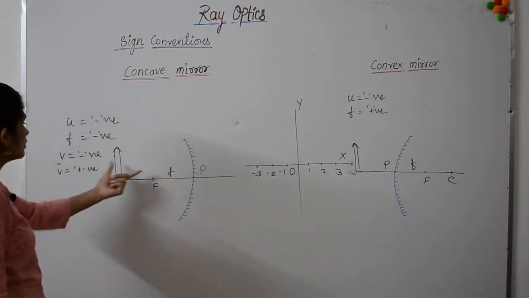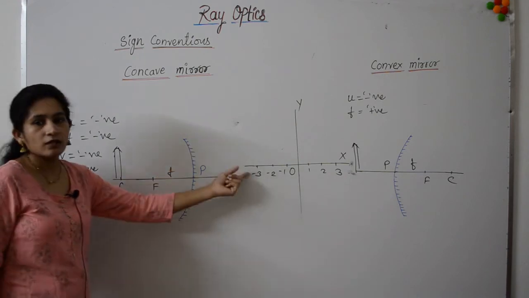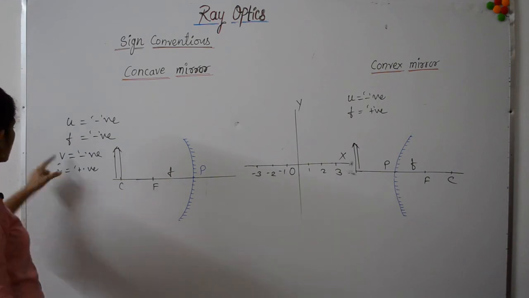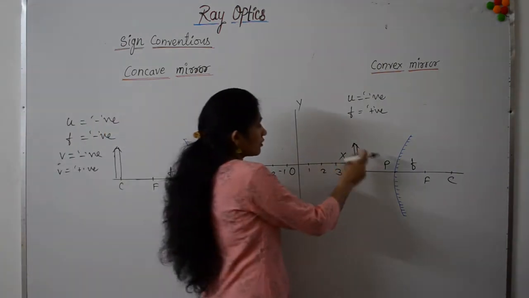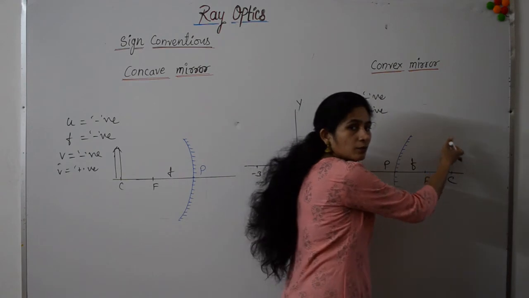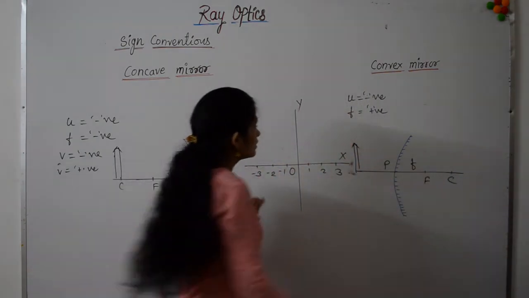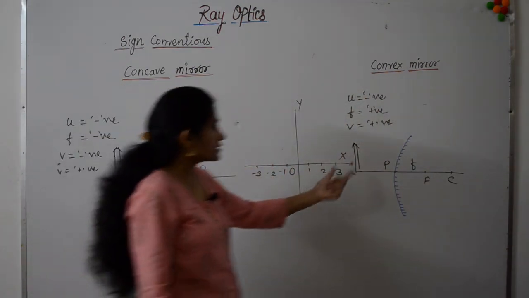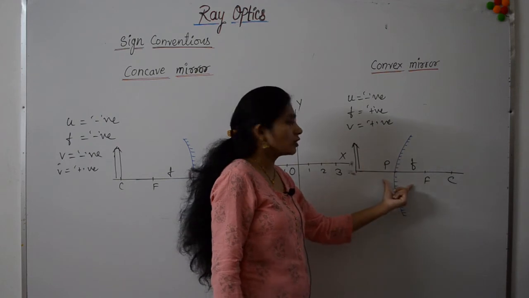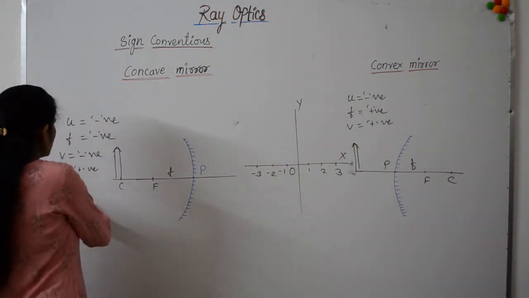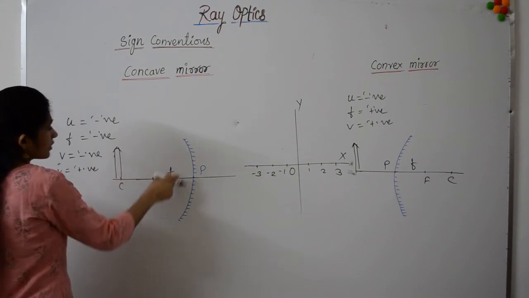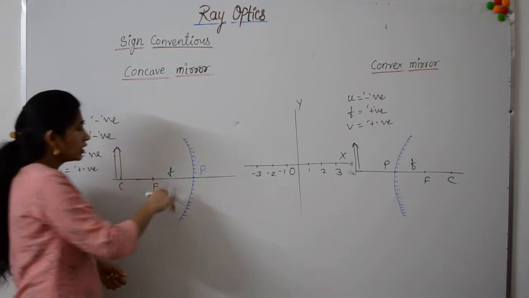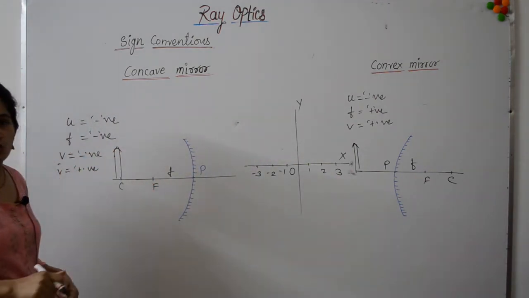So it depends whether the image forms on the left side of P or on the right side of P. Accordingly we have to take the sign for image distance. Convex mirror image always forms behind the mirror and it is virtual and erect image. Therefore v, the image distance, is taken as positive for convex mirror. For concave mirror, it depends where the image forms. If it's formed on the left of P, it is taken as negative. If it forms on the right of P, then it is taken as positive.